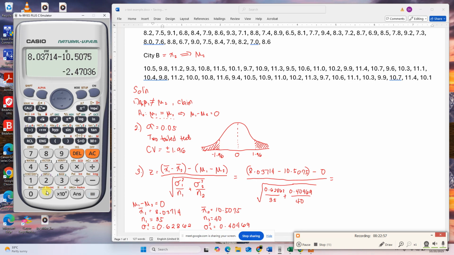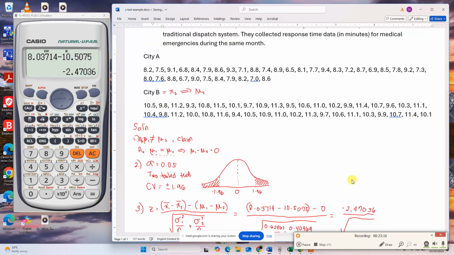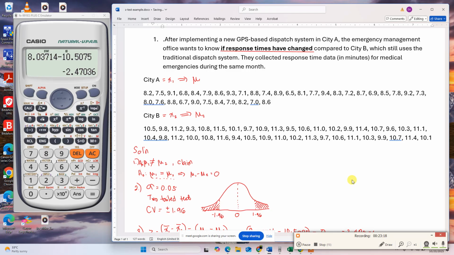That becomes negative 2.47036 over, okay, square root.